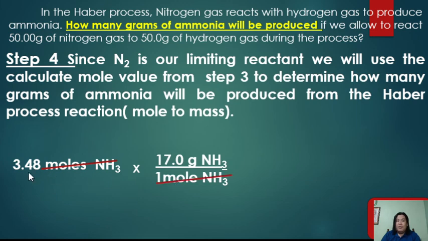And then 3.48 times 17.0 grams, you will get 59.2 grams of ammonia. So this is the mass produced during the Haber process. In our final answer, we have 3 significant figures, 59.2, because our starting amount is 3.48. That is how you determine the number of significant figures in writing your final answer.